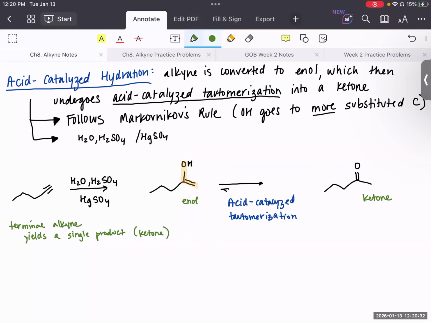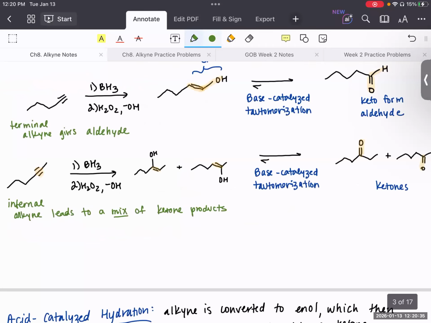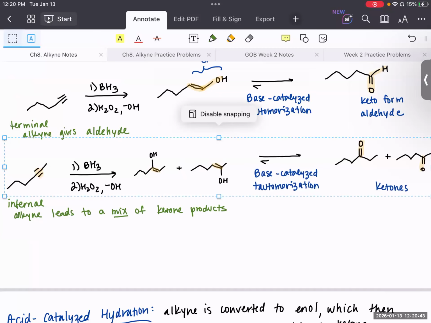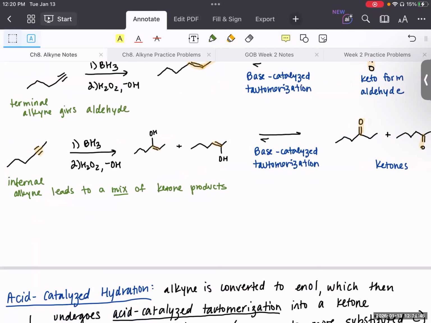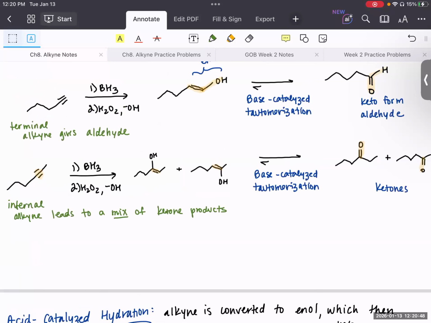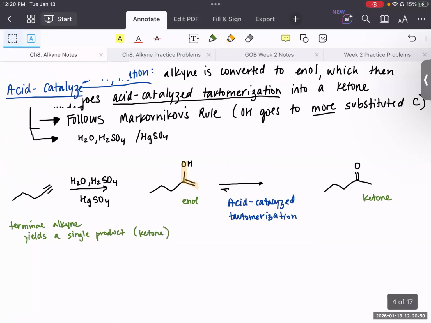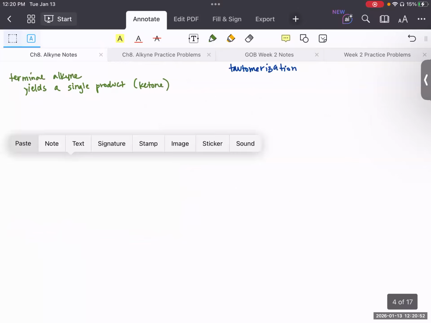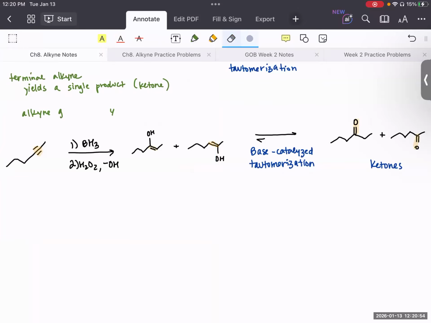In comparison to that, if we were to take the same reagent as above and undergo that same reaction, what I'm going to do is just copy this exact same reaction here and change just a few things around. That's because this reaction will give us basically no selectivity because we have an equally substituted carbon.